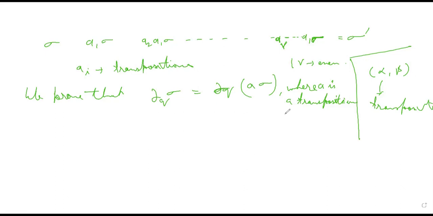If we can prove this, then whether you apply the boundary map over this and this, it will be the same, and so on. In the end, the boundary map over this equals the boundary map over this. But then this and this differ only by a transposition, so the boundary map over this and this will be the same.